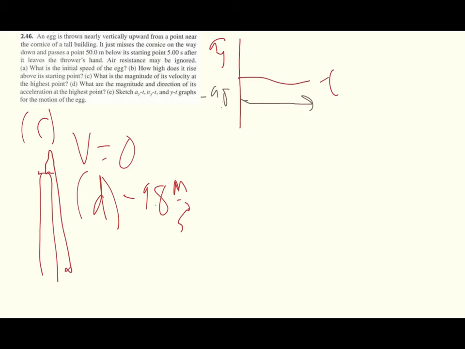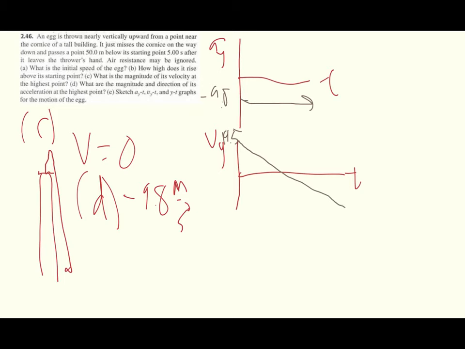And for the velocity graph, that one's also not going to be terrible to draw. It's going to start with a velocity at the top of about 14.5, what we calculated. And then it's going to drop over time.